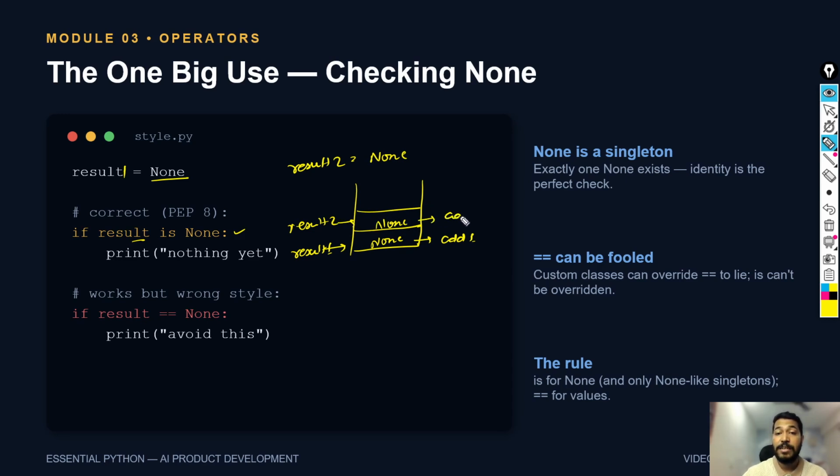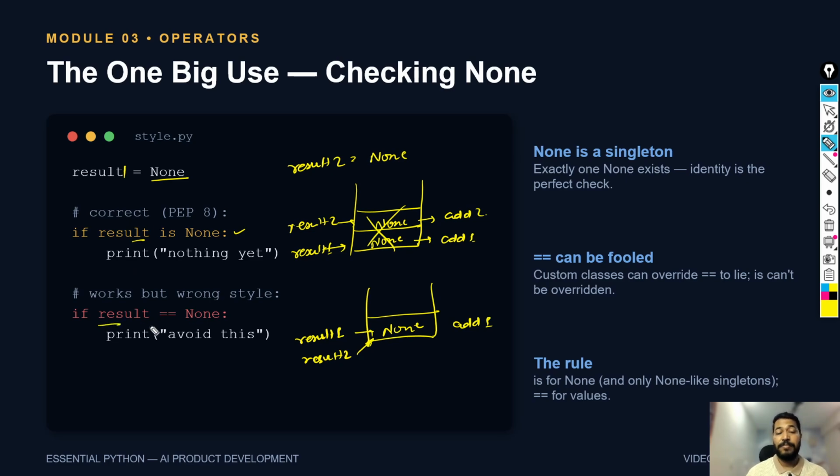That is not going to happen, right? Since it is a singleton, both will be identical, so there will be only one storage allocation for this None singleton object. Suppose it is at address 1, then be it result 1 or result 2, both will be referring to this address only. That's what I'm trying to convey here.